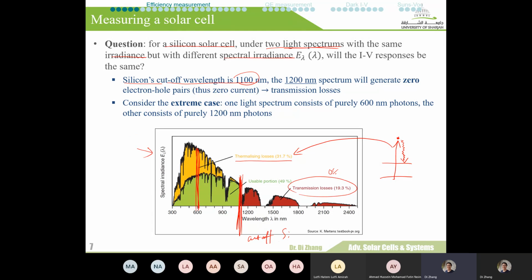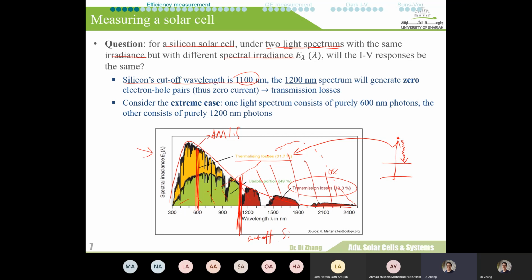Okay, so given this consideration, if we consider two light sources, for instance, one is the air mass 1.5 spectrum, and the other has a completely different shape. But maybe if you run integration, they have the same area.